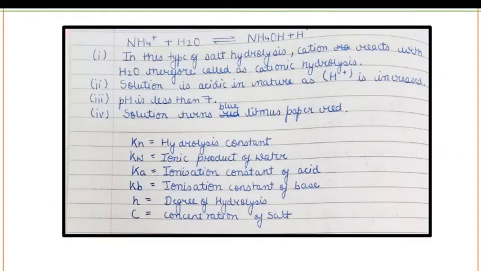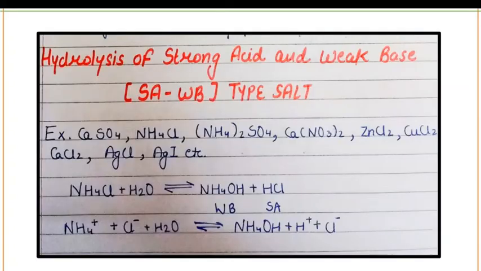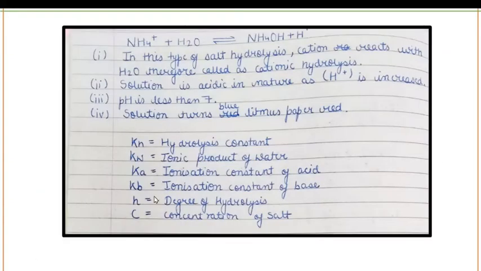And as you can see here, this is the hydrolysis for a strong acid and weak base. That's why the solution will act as acidic in nature, as the concentration of H+ ions will increase. And if the solution is acidic, then the pH will be less than 7. That's how the solution turns blue litmus into red.